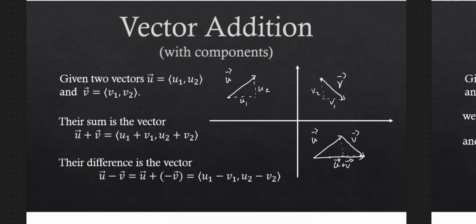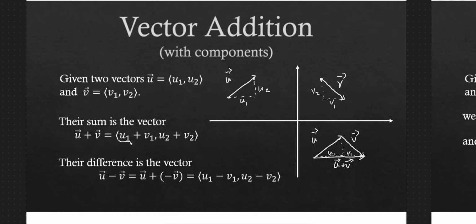And what are its components? Well, by putting the tail of v at the head of u, the x component of u plus v is going to be the sum of the two x components of u and v. This is length u1 here. This is length v1 here.